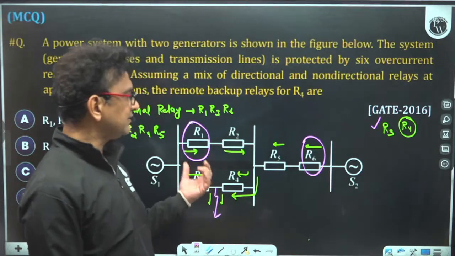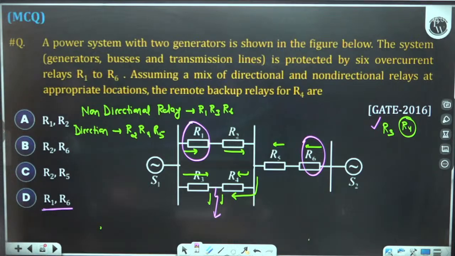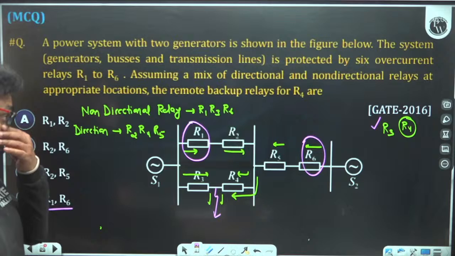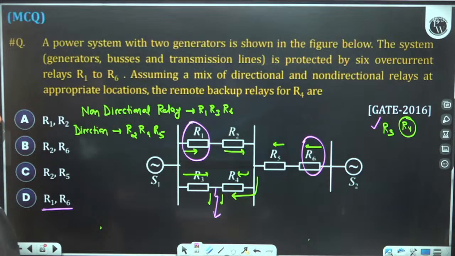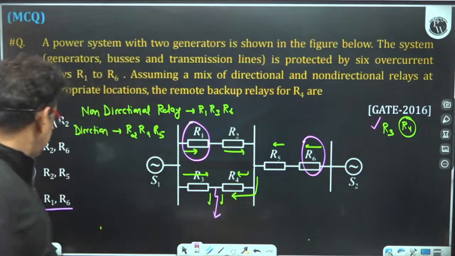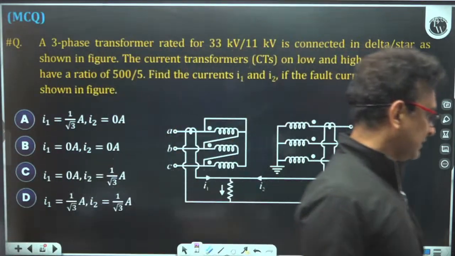R3 will definitely operate, but due to some relay fault, R4 has failed to operate. So in place of R4, R1 and R6 will operate, because R2 and R5 cannot operate, as they are directional relays.